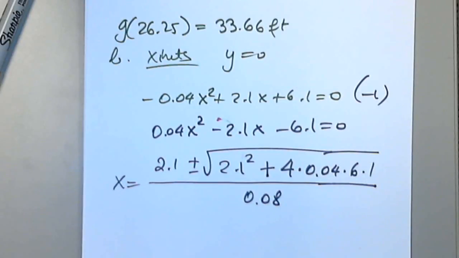What happened to the negative 4 times? Because this is negative, so the two negatives will change into positive. And over 2a, which is 0.08.